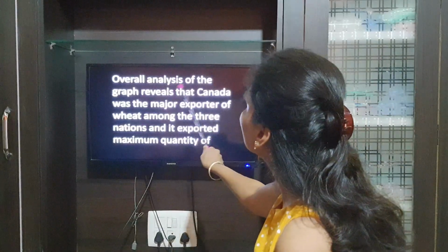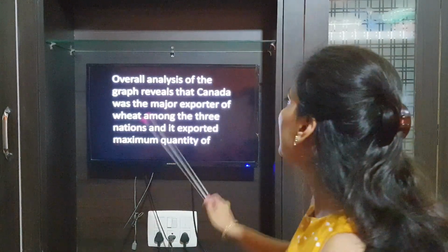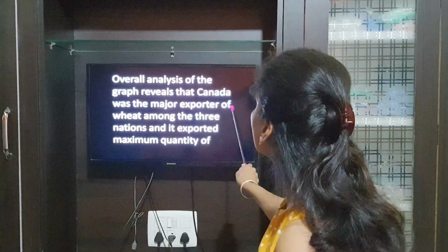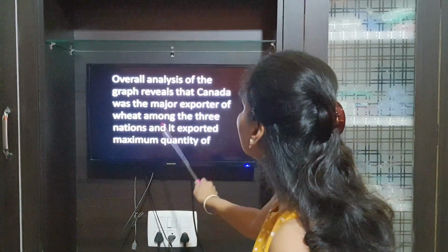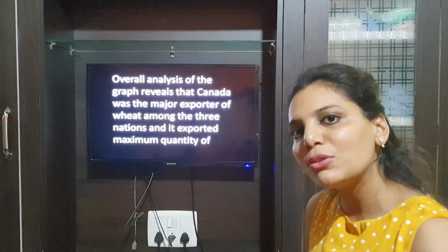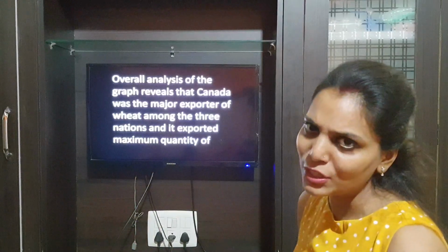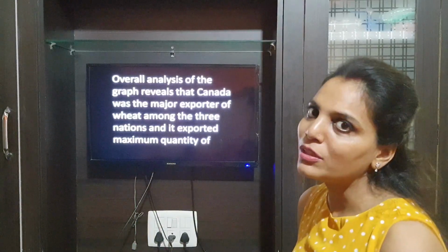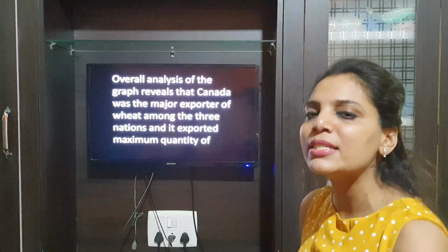Overall analysis of the graph reveals that, what does it show? Canada was the major exporter of wheat among the three nations, right? That is what I told you, that among the three given regions, which country has exported the maximum quantity of wheat? That is Canada.